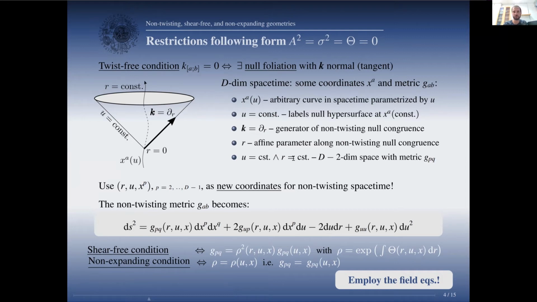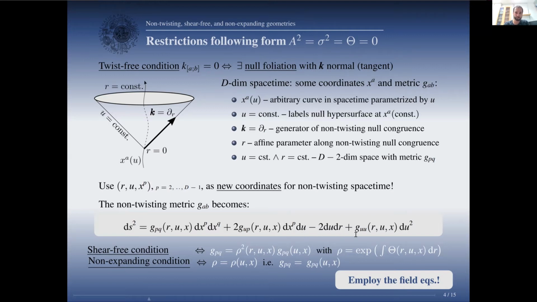You will deal with d minus 2-dimensional Riemannian space, and there you can introduce some d minus 2-dimensional metric g pq. So these are our coordinates, which we will use in the rest of the talk. And the metric of non-twisting spacetimes can be written in this form.